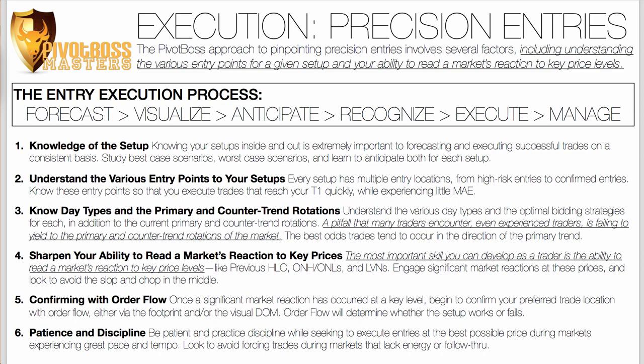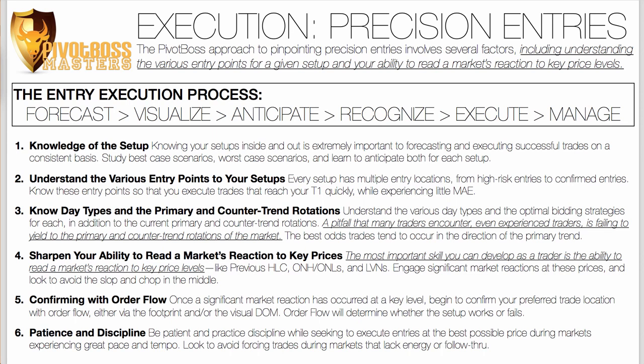That's something we can know the day before so that we can anticipate that event. And as we anticipate that event, we can begin to visualize how that may play out. And visualization is all about developing that ability to visualize how the market may move toward your forecasted rejection price, how it may reject or react to that forecasted price, right?